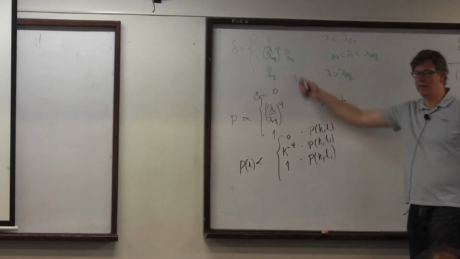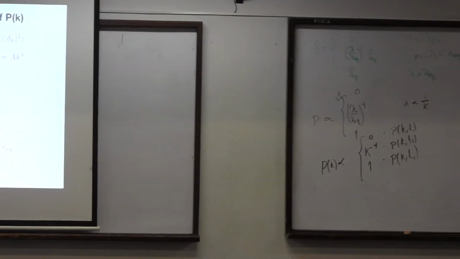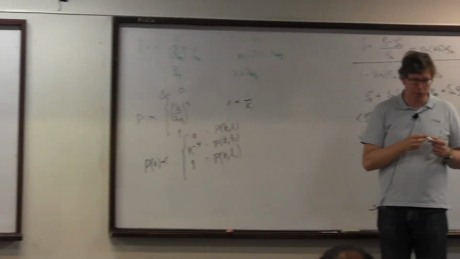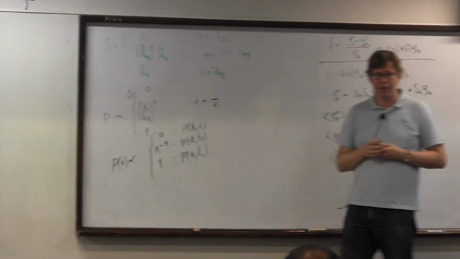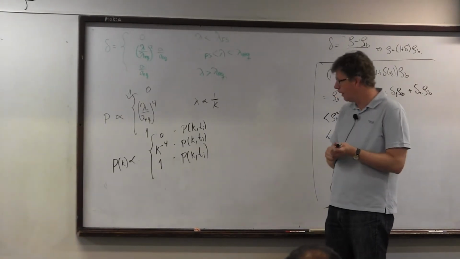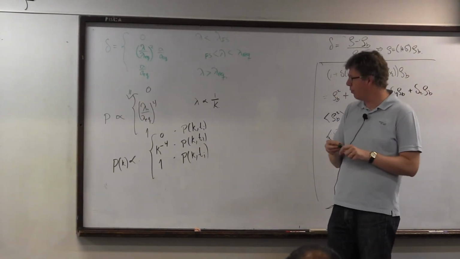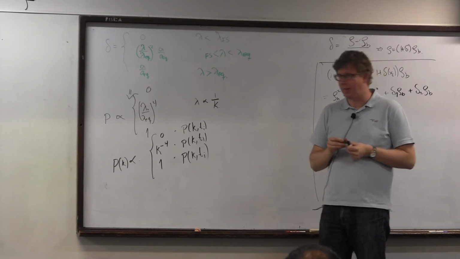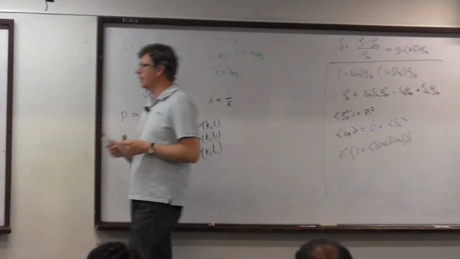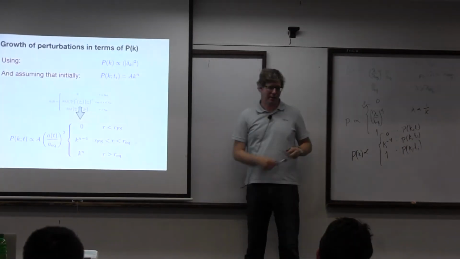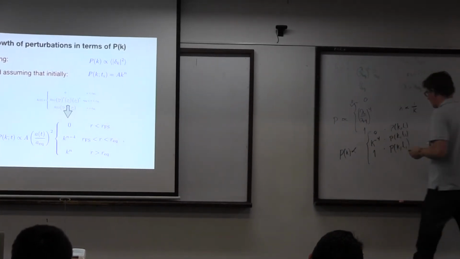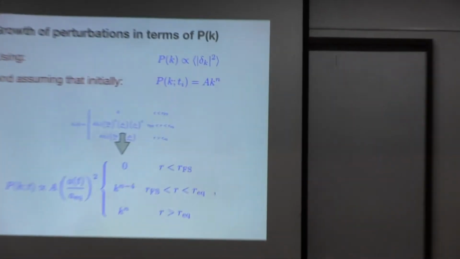I ignored that one here, but it has to come in as well, because I need to ask somebody in the physics department to tell me what the initial conditions are. And they will tell you, we don't really know, but we are pretty certain that it's going to be a power law of this form. That's why in my previous drawing, I used power laws. They're easy to deal with.